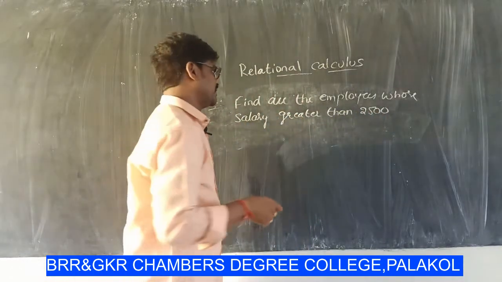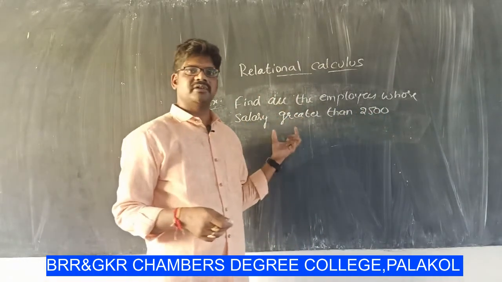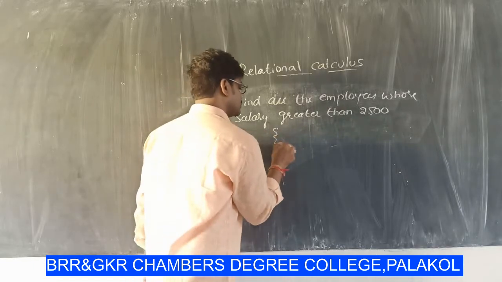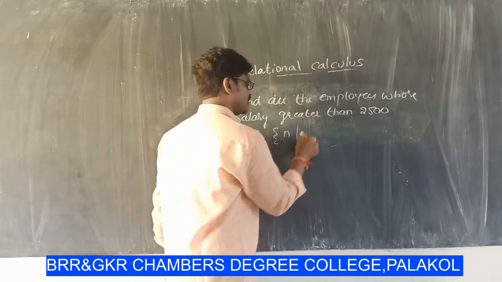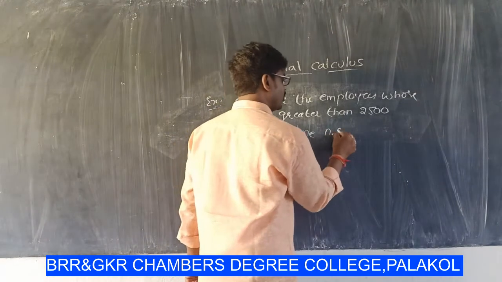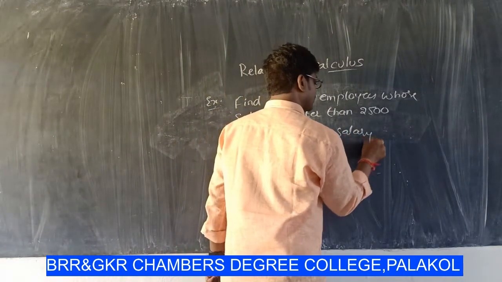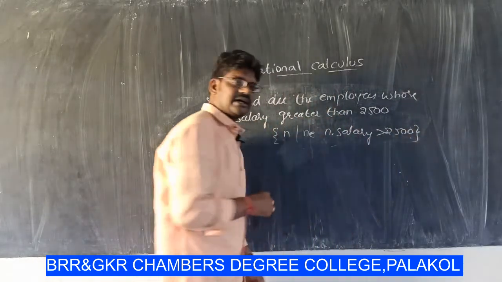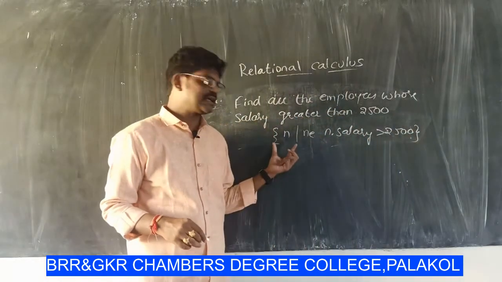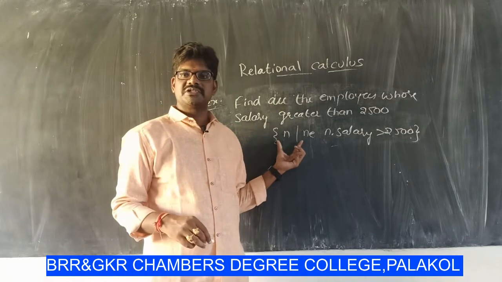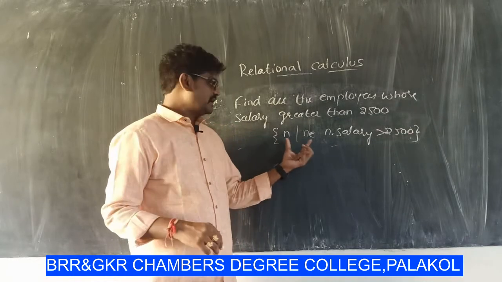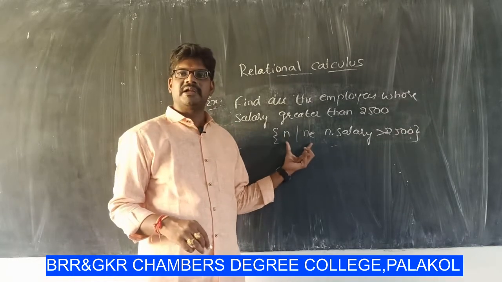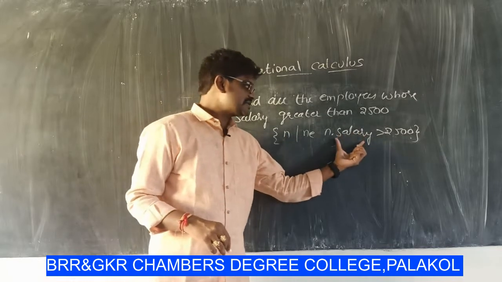How can we write this query? Here n, okay, n.salary > 2500. Here n is the tuple variable, ranging over the tuples created for each and every tuple in the relation, and it satisfies the condition.